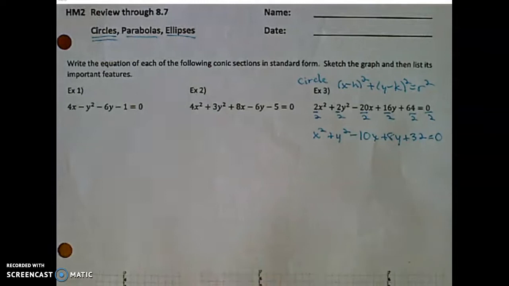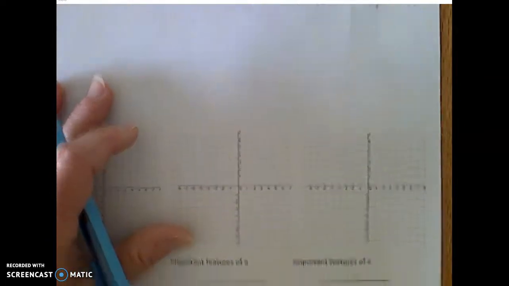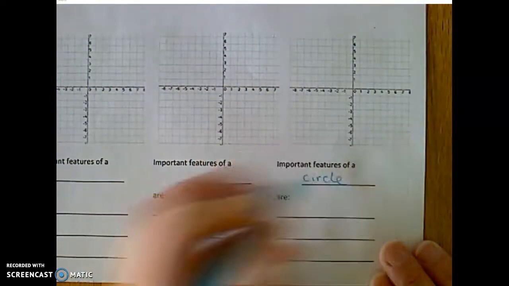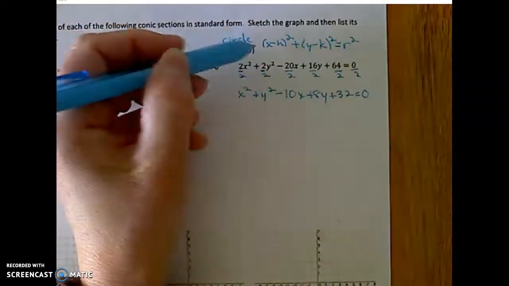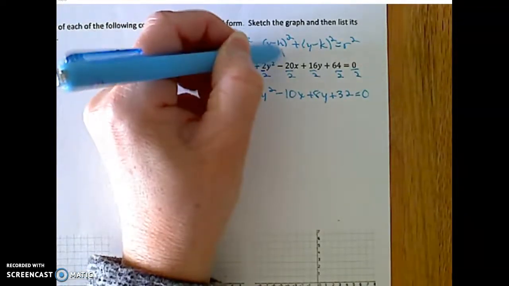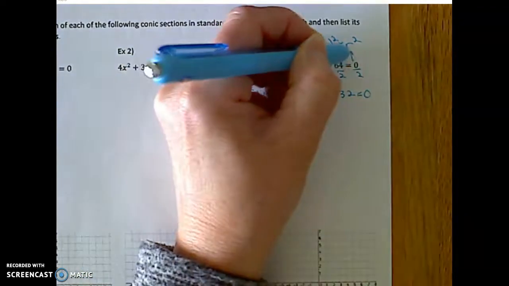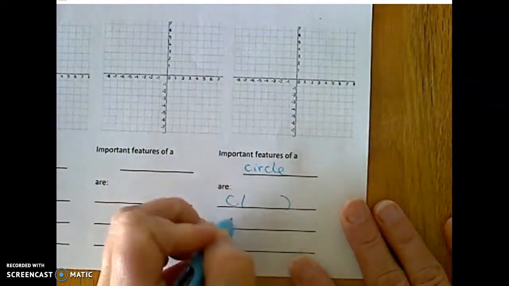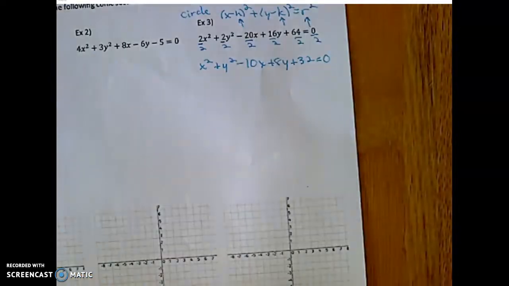Please pause often today, and we are going to put that in standard form. Then we're going to graph this circle, and then we're going to list the important features of a circle. Well, I can remember the important features of a circle because I can see them in my standard equation. The important features of a circle are h, k, and r. So I'm going to find the center and the radius, and then sketch that circle.